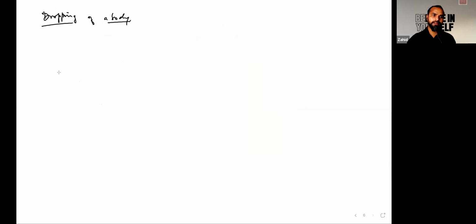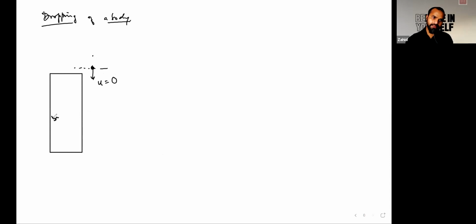Suppose there is a building and a body is dropped from it. An object always acquires the velocity of the system of which it is a part. Since the building is stationary, the initial velocity of this body would be 0, as the building is not moving. Okay.